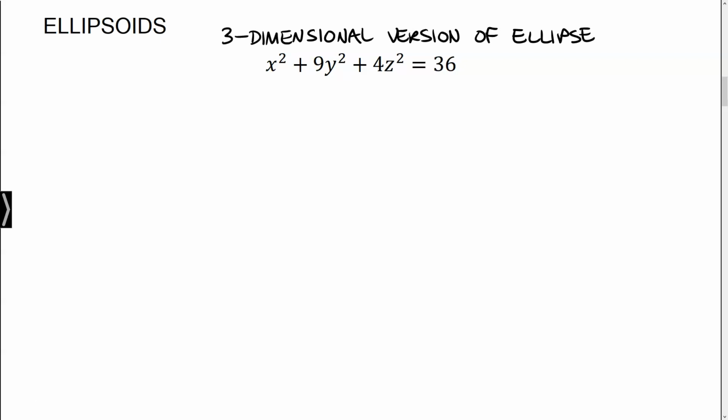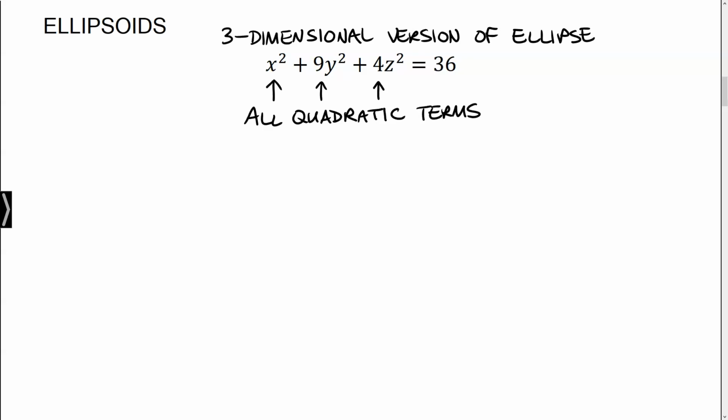First of all, what you want to do is get all the variable factors on one side and the constant on the other, and then notice on the left-hand side, here's the important thing. If you look at these 3 terms, those are all quadratic terms. In other words, there's no linear term. There's no x term, y term, or z term.